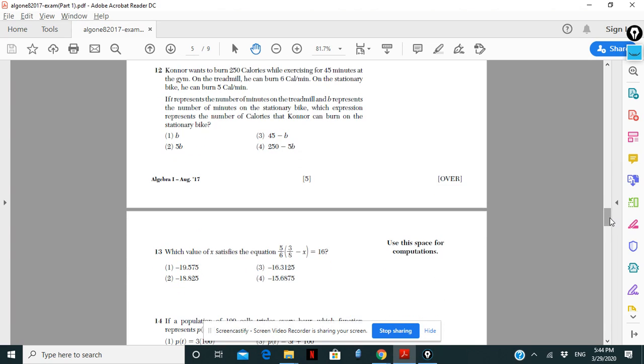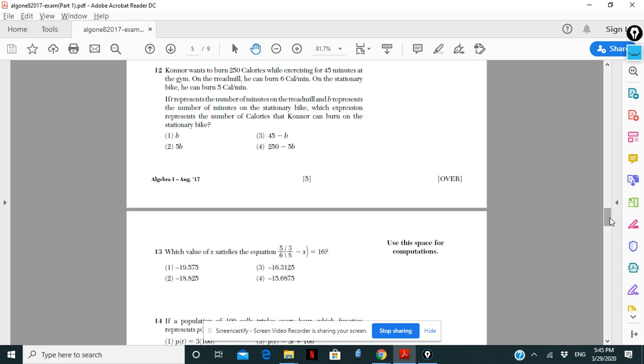Connor wants to burn 250 calories while exercising for 45 minutes at the gym. On the treadmill, he can burn 6 calories per minute. On a stationary bike, he can burn 5 calories per minute. If T represents the number of minutes on the treadmill and B represents the number of minutes on a stationary bike. So he gave me symbols, the variable for the time.